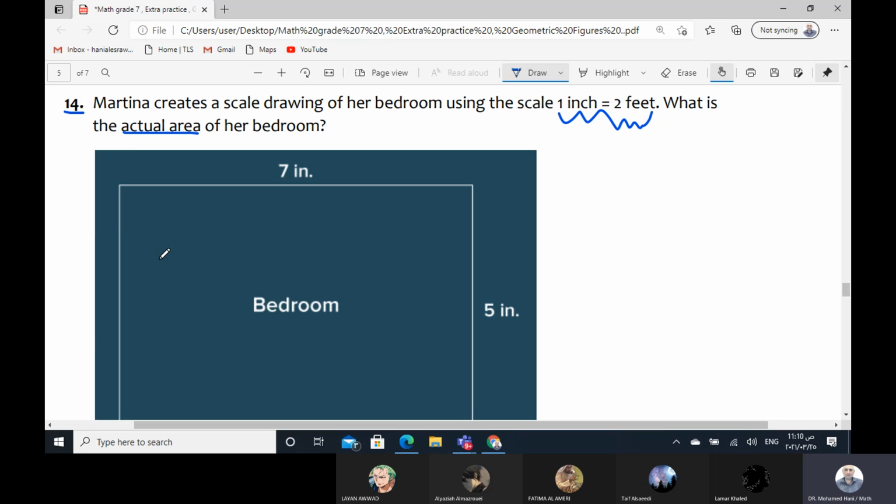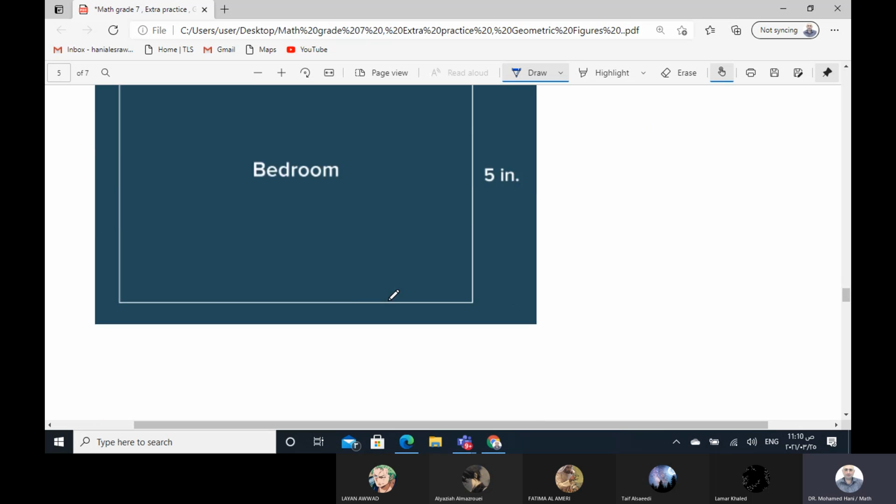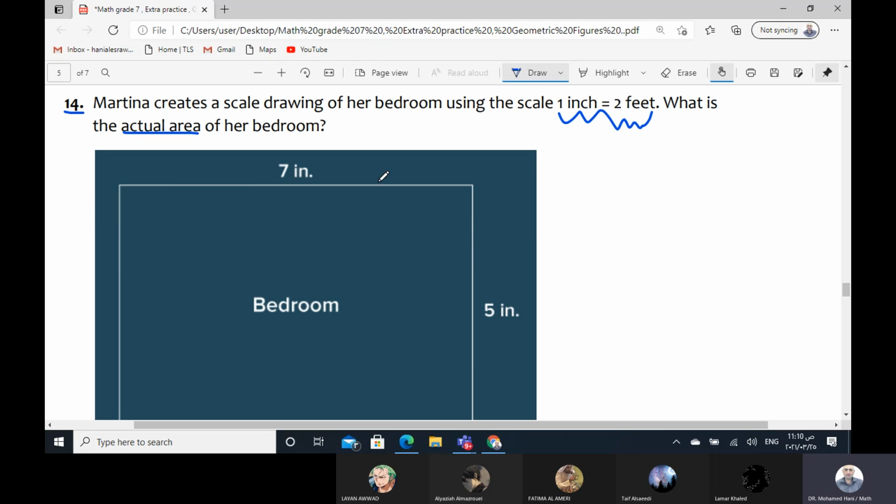So at the first, find the area in the graph here. As you see, the graph here is a rectangle. The area of the rectangle equals length times width. Length here will be 7 times 5. 7 times 5 will be 35 inch squared.